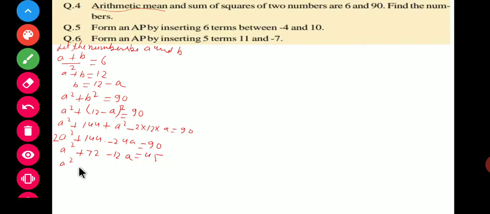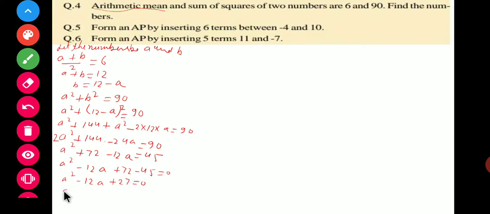So here is a square minus 12a plus 72 minus 45 equal to, so a square minus 12a plus, how much? It is 27, equal to 0.